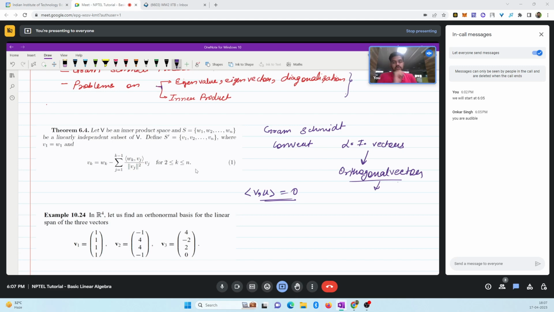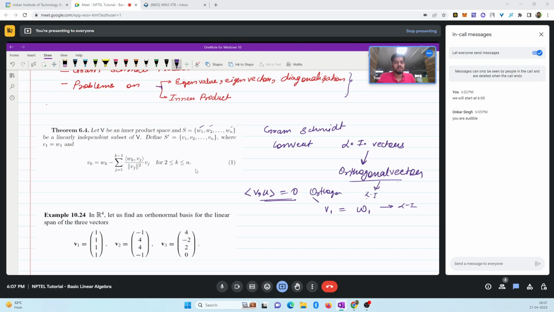So let's say you have linearly independent vectors w1, w2, up to wn. You want to convert them to orthogonal vectors v1 to vn. So you assign the first vector as the first vector from your linearly independent set. This is the orthogonal set that you are constructing, and this is your linearly independent set on this side.